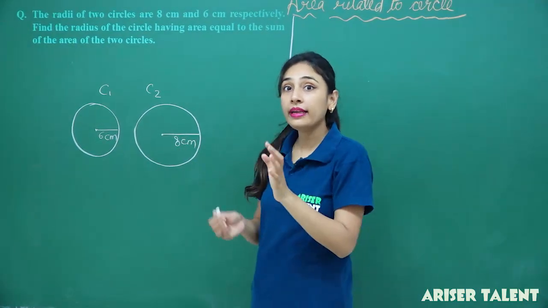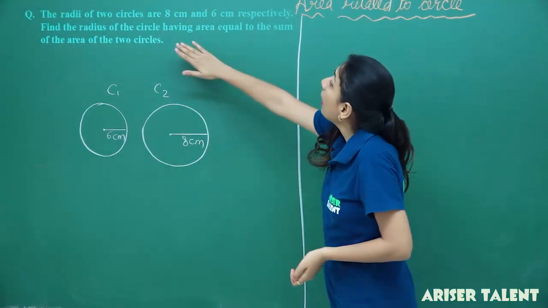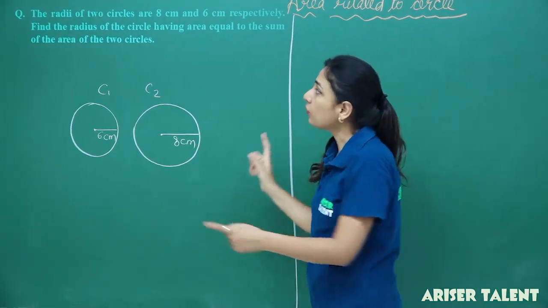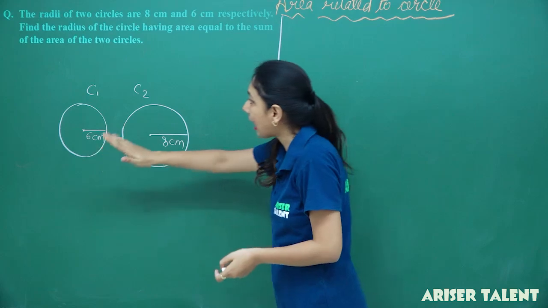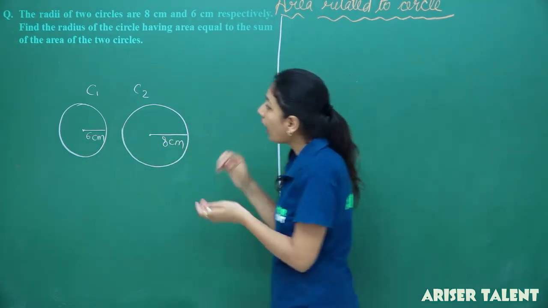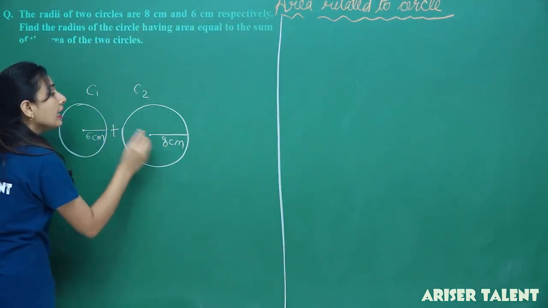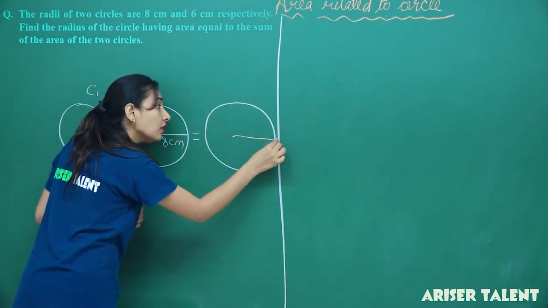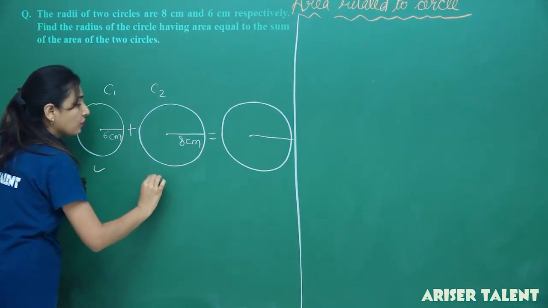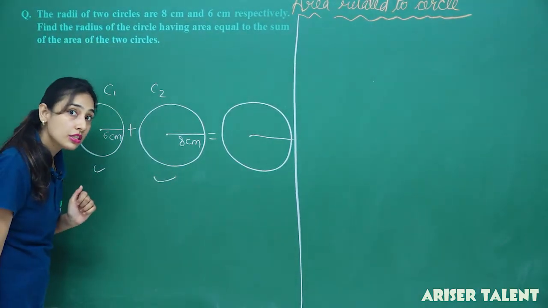Now I have to find the radius of another circle having area equal to the sum of the areas of these two circles. So I am having this C1 circle and this C2 circle. Now I have to find the radius of the circle whose area is equal to the sum of this C1 and this C2.